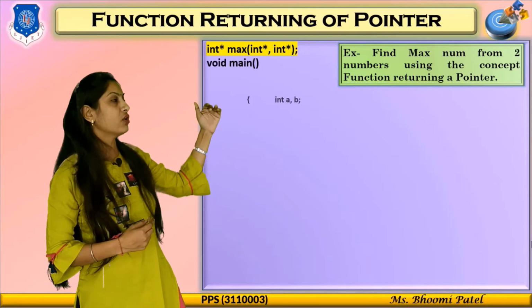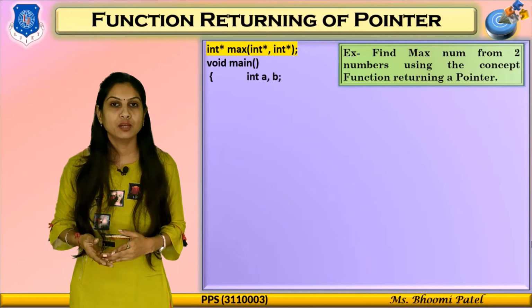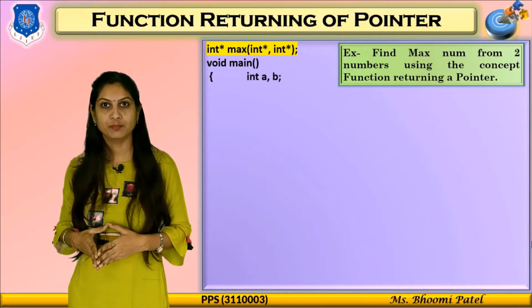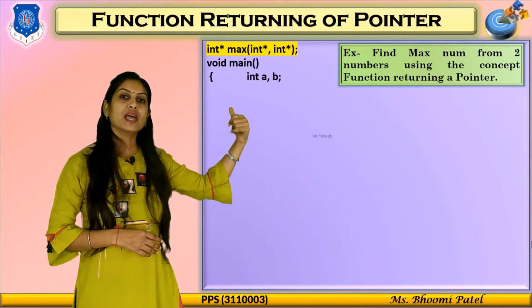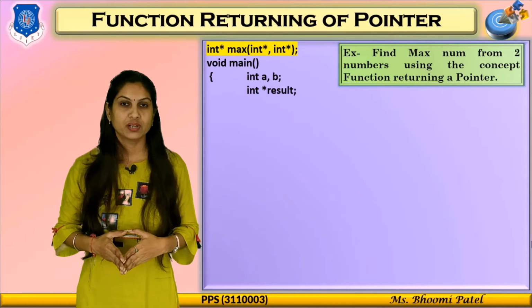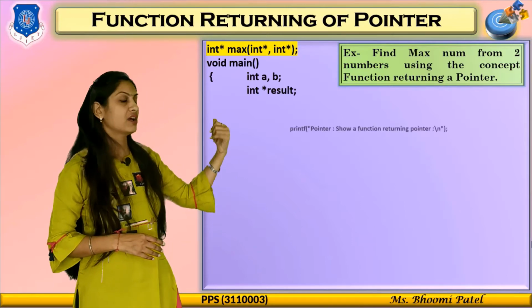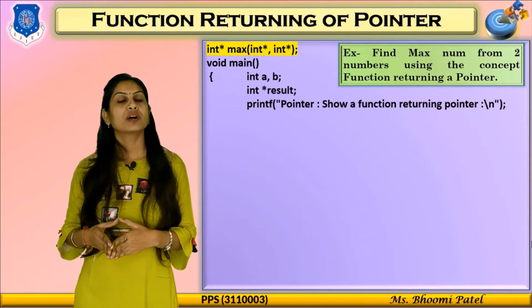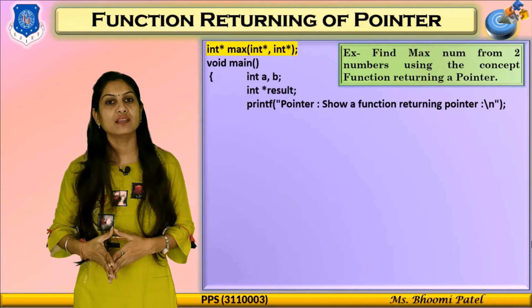Now inside void main we write int a comma b, that is my input for finding the maximum. Then int star result, that is my pointer. So result is one pointer variable. Then I write a printf statement, pointers to a function returning pointer concept, and that message will be displayed on my screen.